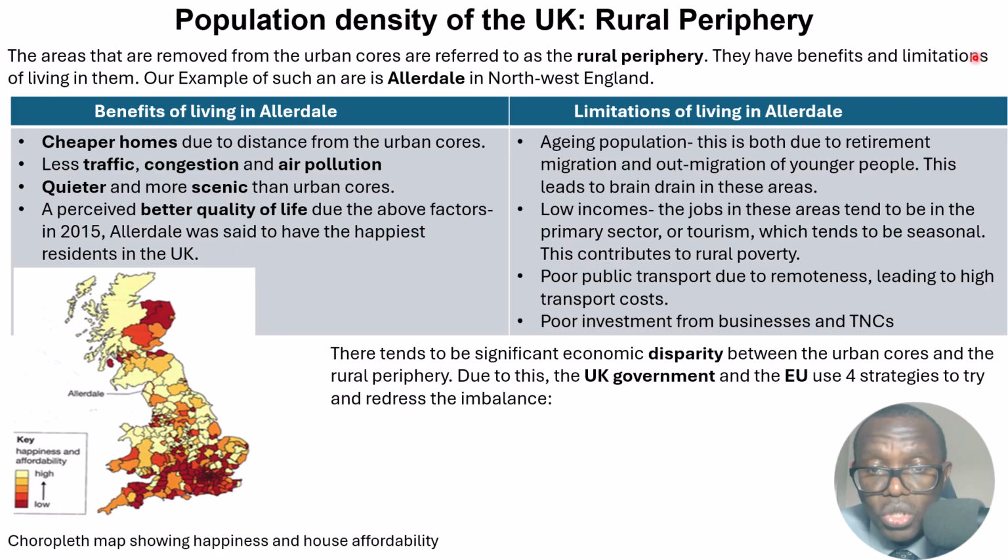It's also due to out-migration of the younger people. Because there's less economic activity, the younger people are likely to move out to the cities to find better opportunities there. This can actually lead to a brain drain in these areas.